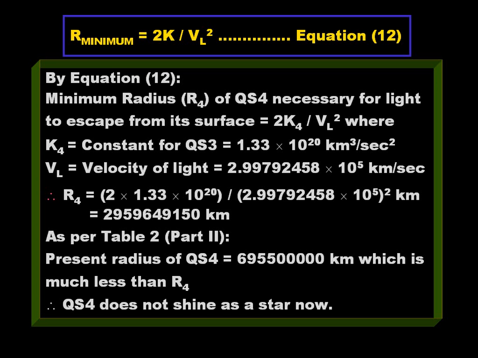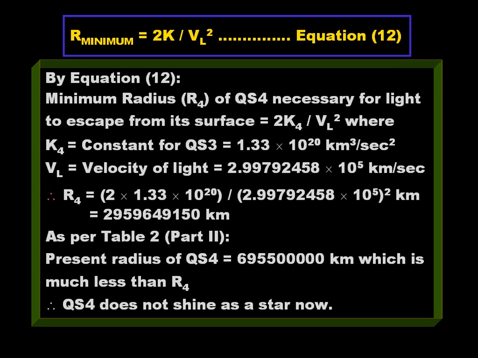By equation 12, minimum radius R4 of QS4 necessary for light to escape from its surface is 2k4 by VL square, where k4 is a constant for QS3, which is equal to 1.33 into 10 to the power 20 km cube per second square, and VL is velocity of light, which is equal to 2.9979258 into 10 to the power 5 km per second.